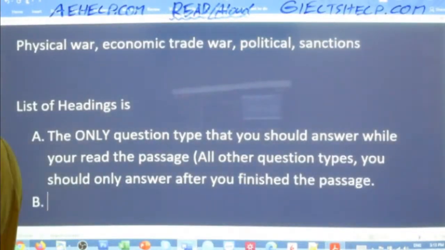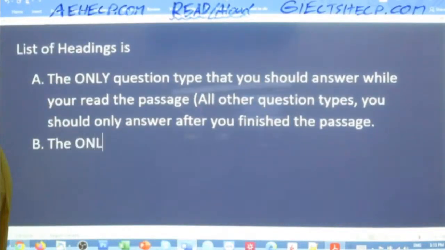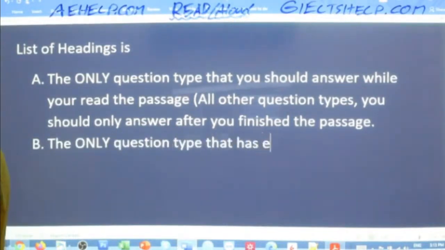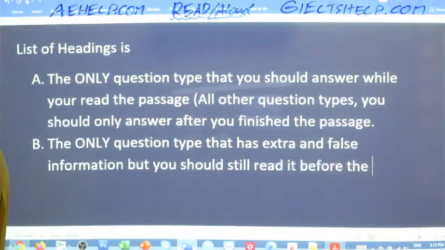Okay? Now, another interesting one for list of headings is it's the only question type that has extra and false information, but you should still read it before the passage. Okay?